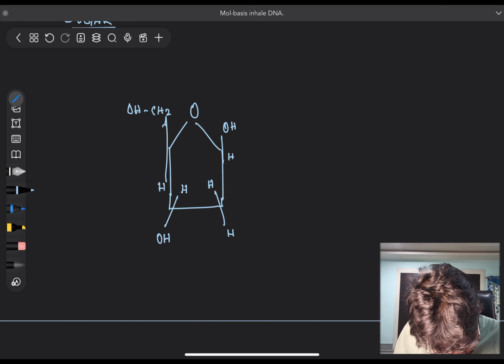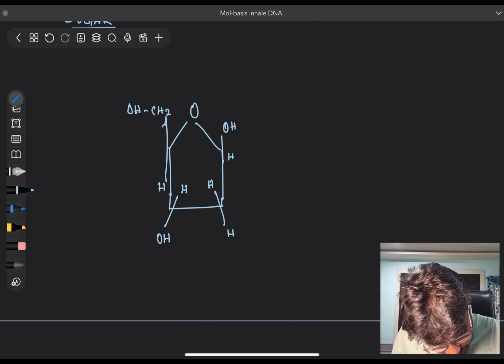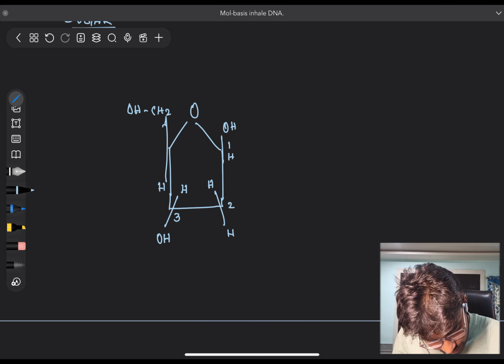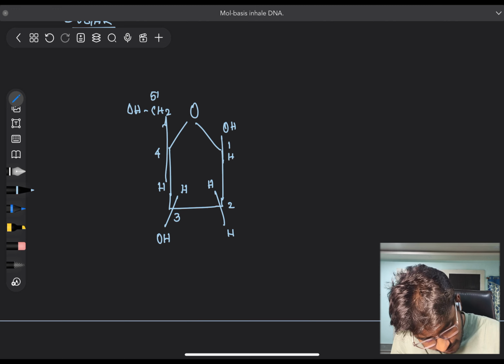Now 1 carbon, 2 carbon, 3 carbon, 4 carbon and the 5th carbon.